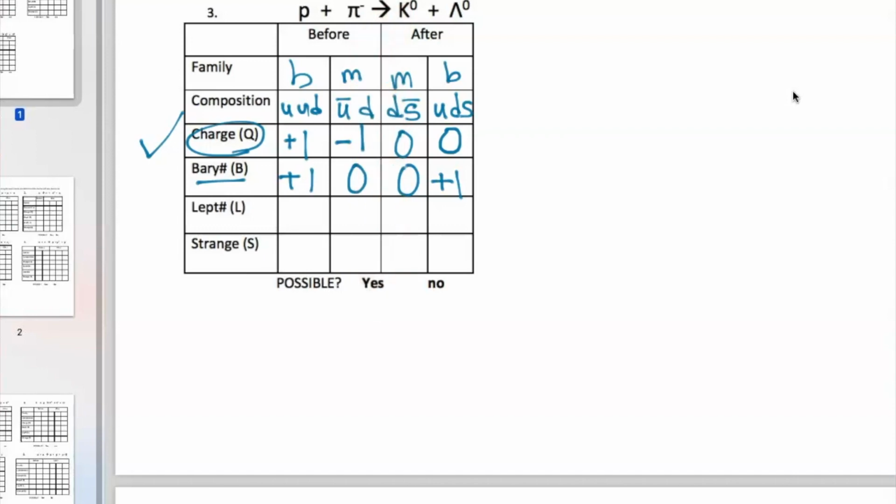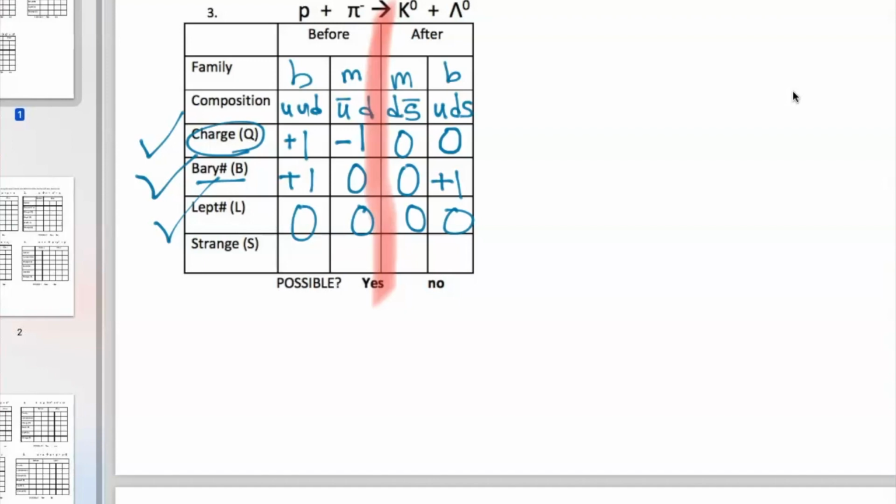Let's make that line smaller. There's a difference between my reactants over here and my products over here. So if I look at baryon number, +1 and 0, and +1 and 0 means that baryon number is in fact conserved. Then we go on to look at lepton number. Well, since these are baryons and mesons, they have all lepton numbers of 0, which means definitely conserved.